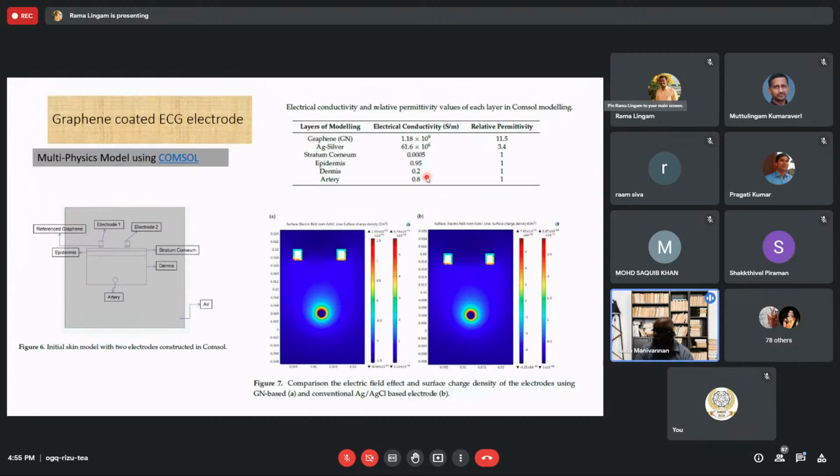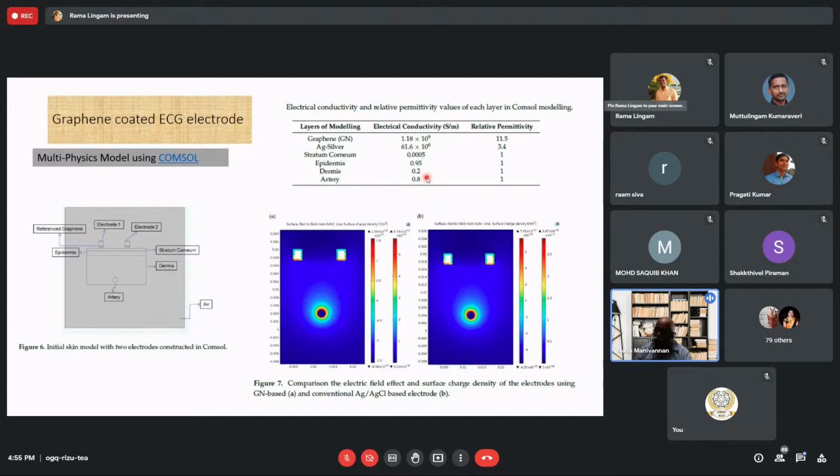What we can see is there is some slight difference. The result shows the electric field norm when the electrode is connected to a body. Are we getting a sensible understanding at the moment? No, but it can be a good starting point to understand what is happening within the body when we have a graphene coating and when we don't.